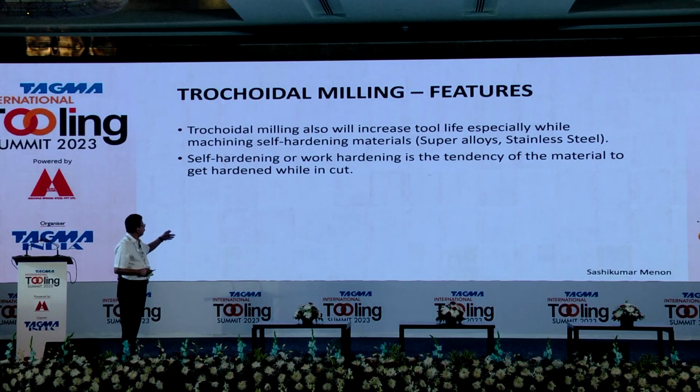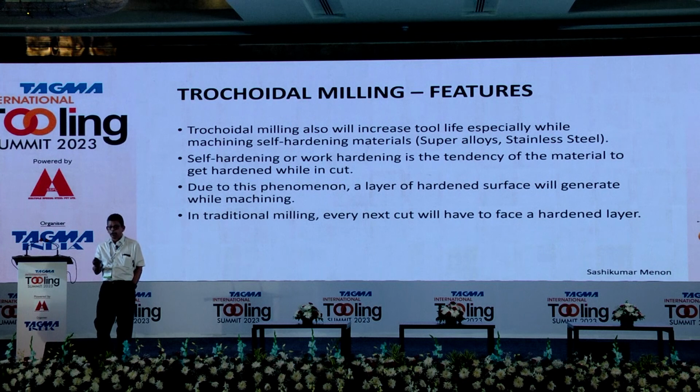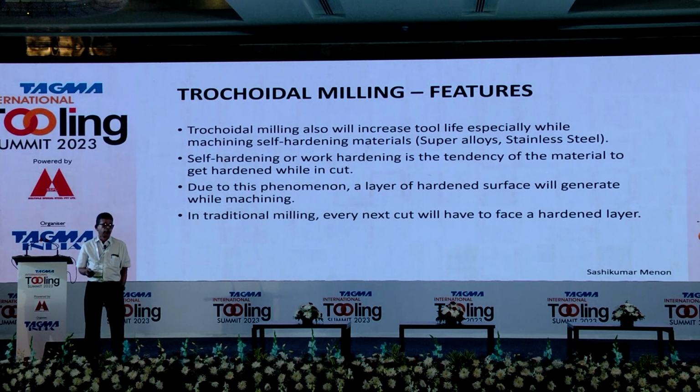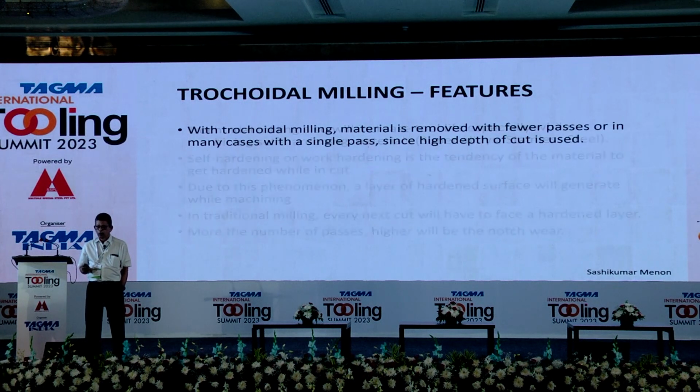So here, as I said, the layer is generated while machining. In traditional milling, every cut has to face a hardened layer, so with more passes there will be higher notch wear. Now, with trochoidal milling, material is removed with fewer passes, or in most cases one pass.